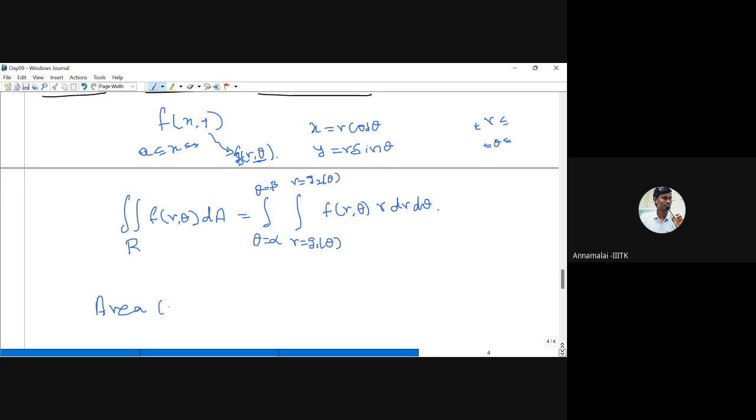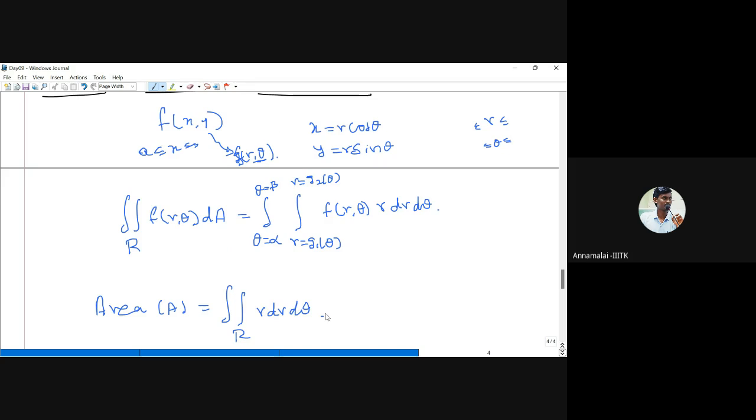So area A is defined to be the double integral over R. In the previous case, we just took dA, where dA is nothing but dy dx, but here it is r dr d theta. So that is the area in polar coordinates. And then similarly, we define the average as 1 by area into the double integral over R of f of x comma y, all the things you know.